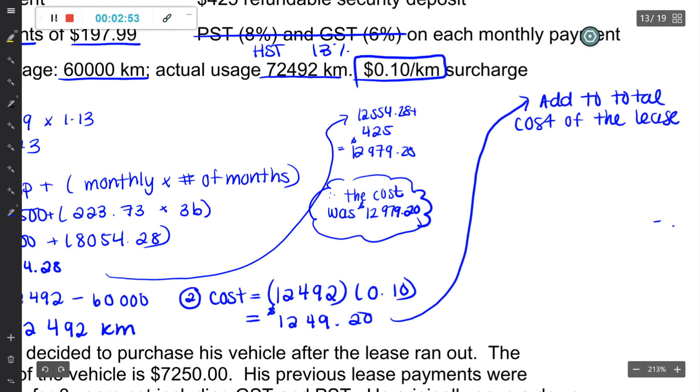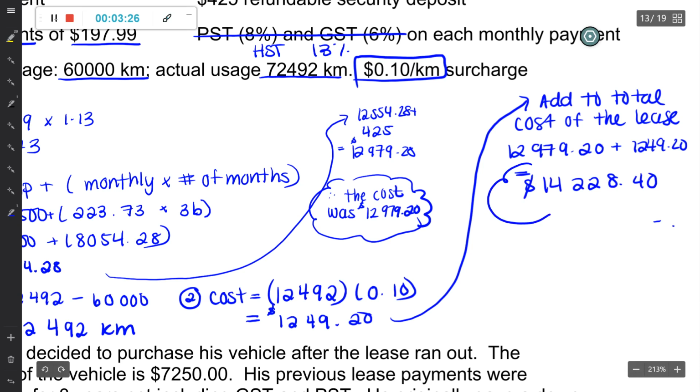So our total cost was $12,979.20. And then we're going to add the surcharge, right? Plus, so just punch this into your calculator, and you should get 14,228.40.